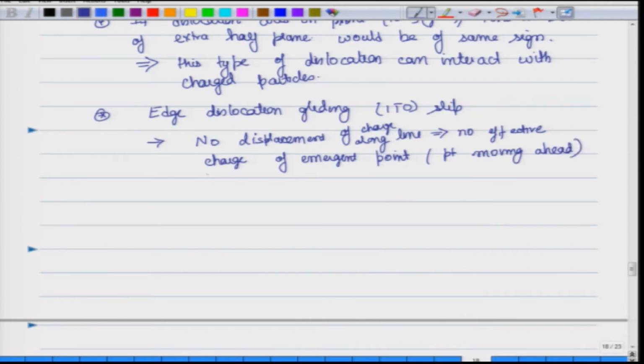Which implies that kinks have no charge. We discussed what jogs and kinks are in part 1. So, kinks have no effective charge.